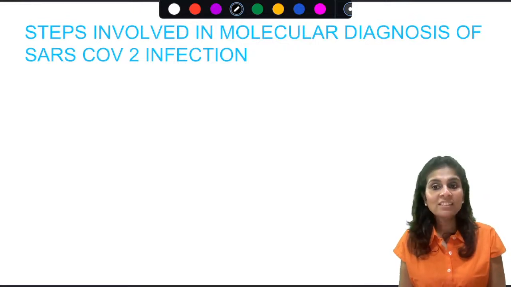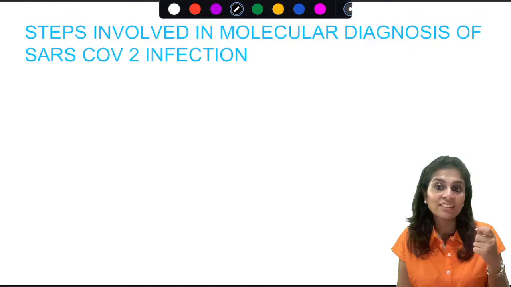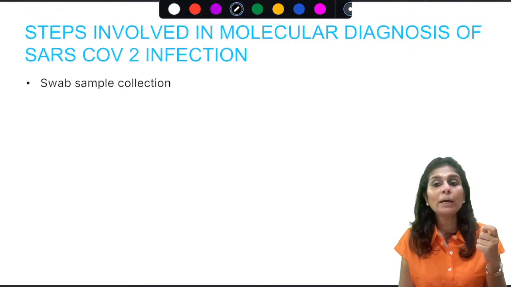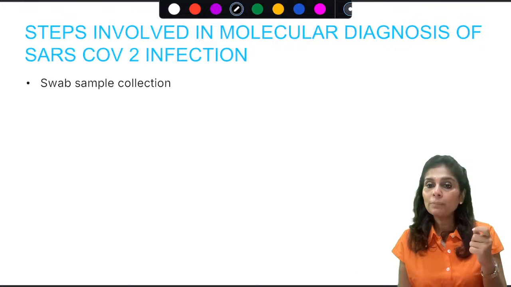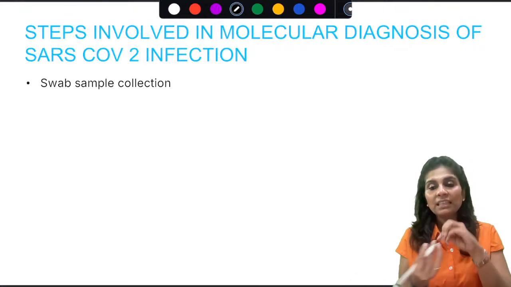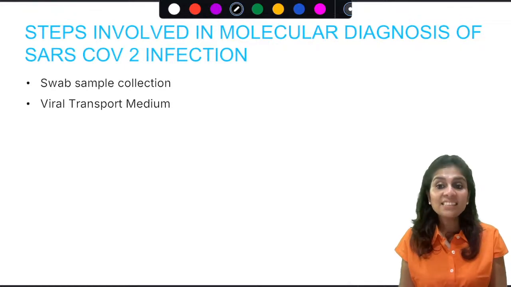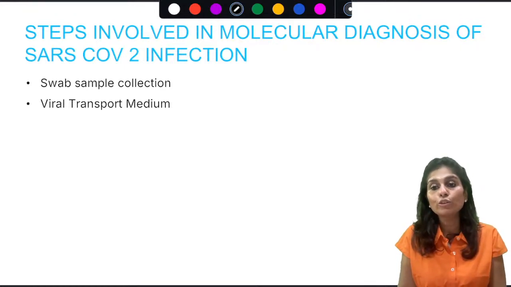Step number 1 is, yes, swab sample collection, right? So we collect both oropharyngeal and nasopharyngeal swab sample. Then the swab sample is kept in a medium. That medium is called viral transport medium. This viral transport medium is Hank's balanced salt solution.